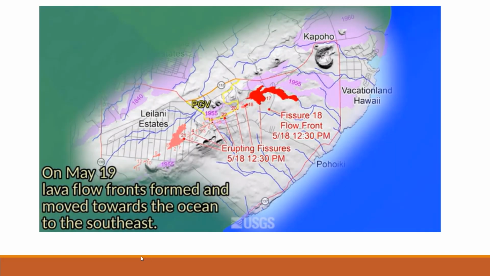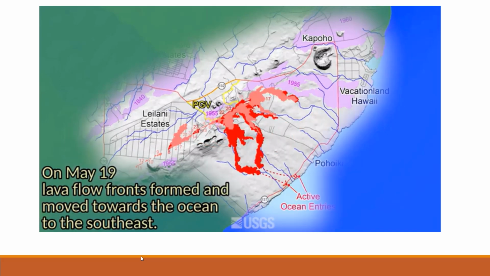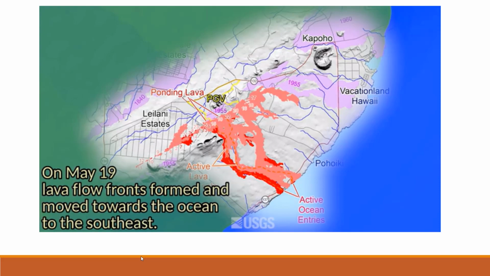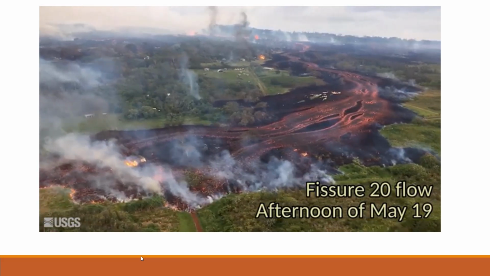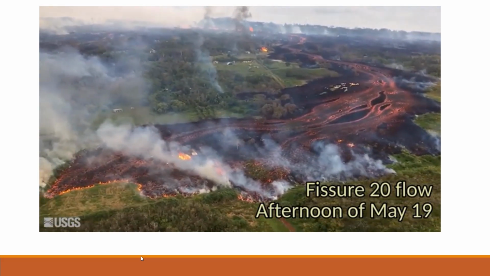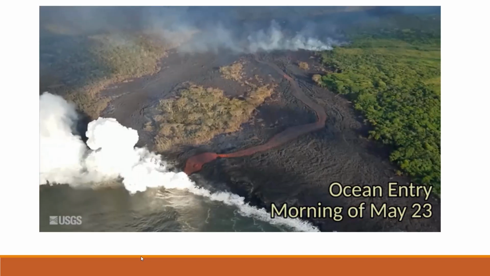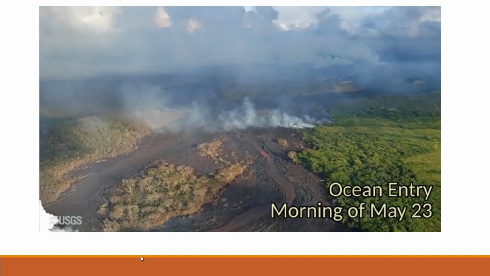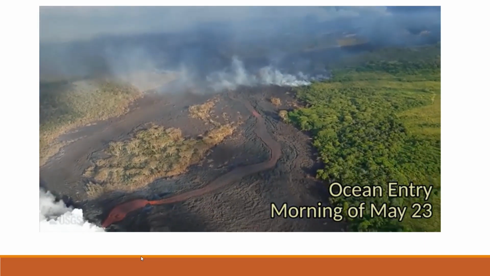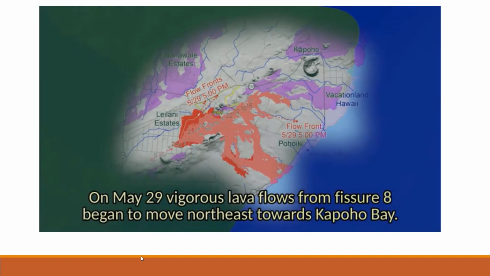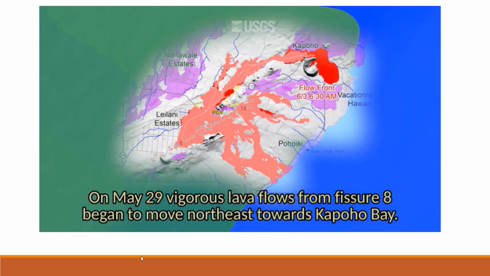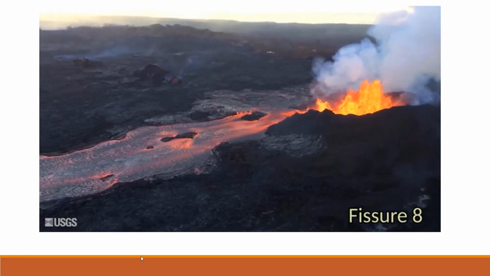On May 19th, lava flow fronts formed and moved towards the ocean to the southeast. On May 29th, vigorous lava flows from Fissure 8 began to move northeast towards Kapoho Bay.